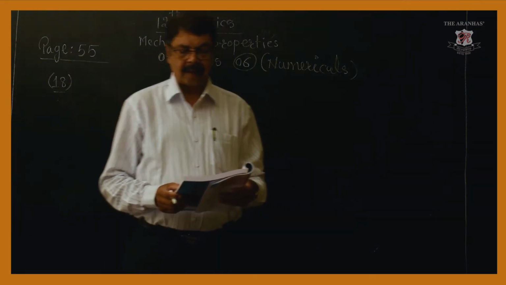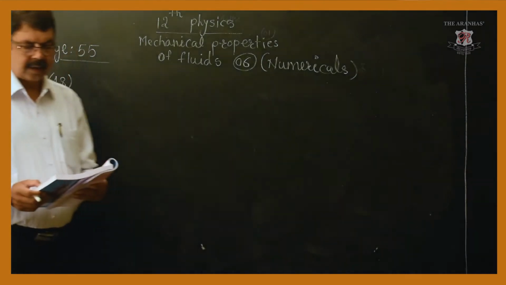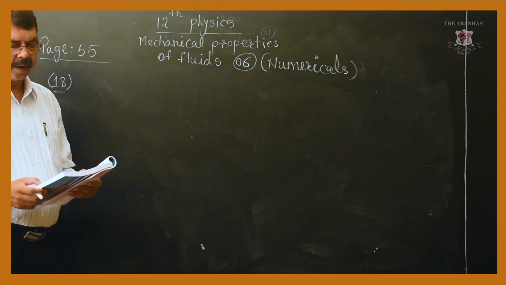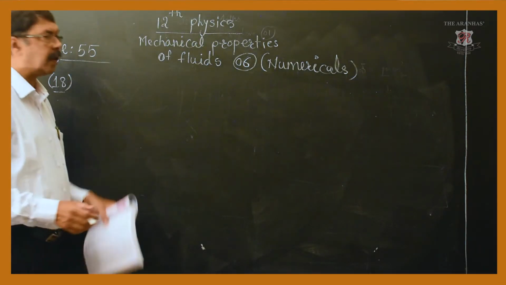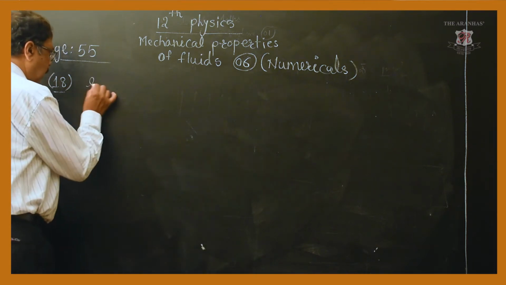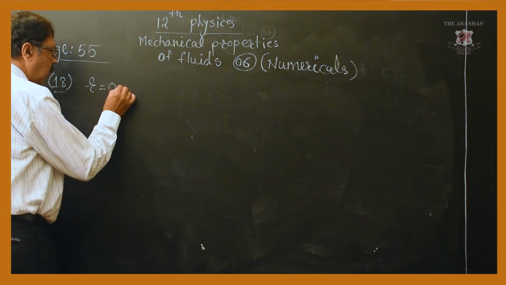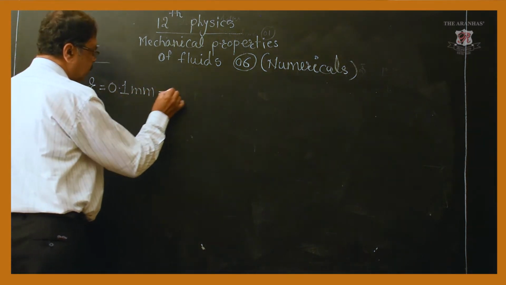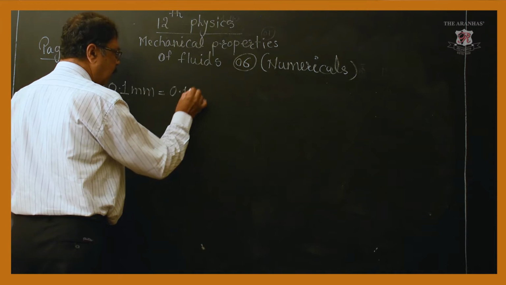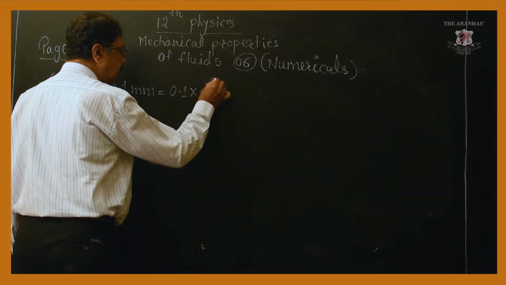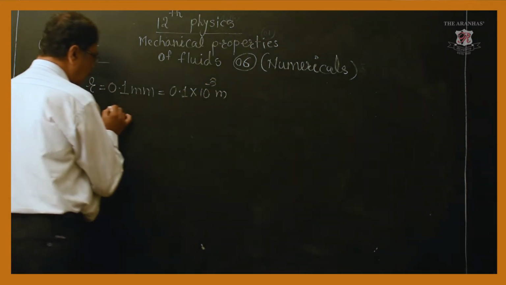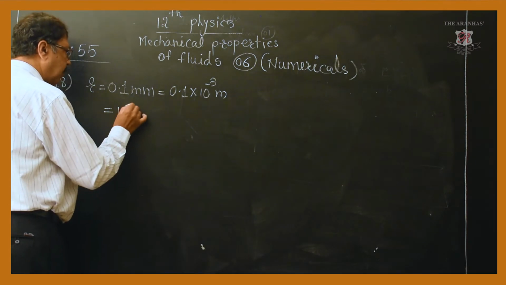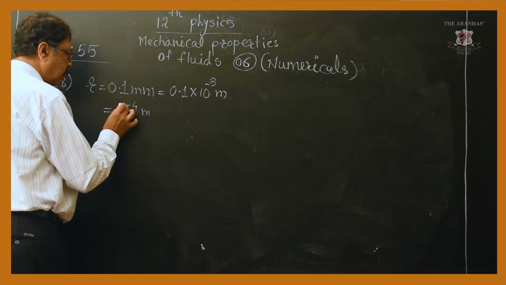18 says, calculate the rise of water inside a clean glass capillary tube of radius 0.1 mm. R is 0.1 mm. This is 0.1 into 10 raised to minus 3 meter, or 10 raised to minus 4 meter.